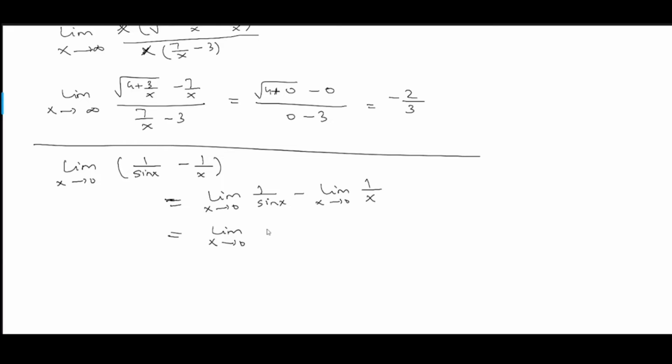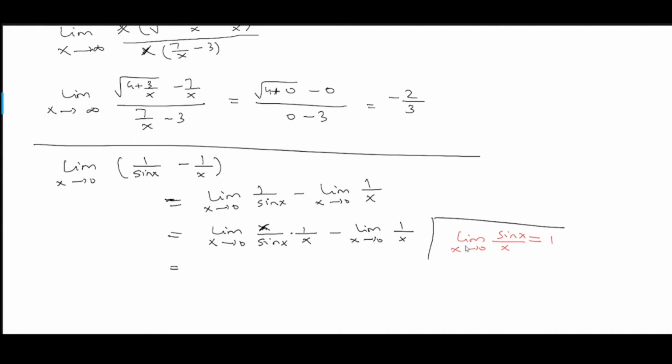Now I'm going to multiply by x and divide by x, so 1 by sine x becomes x by sine x, over x, minus limit x tends to 0, 1 by x. Before I write the next step, I should explain something. Limit x tends to 0, sine x by x is 1.